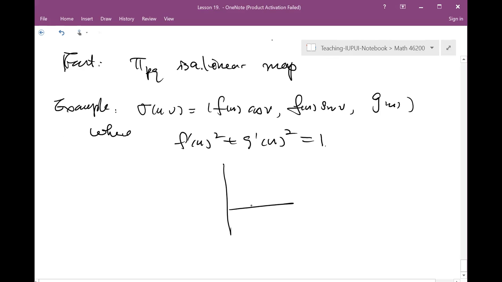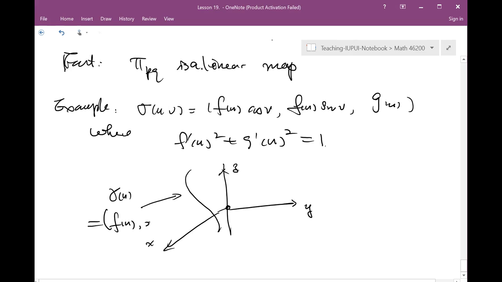So here's a picture. When v is 0, the y coordinate is 0, so it's in the xz plane. We have a curve here, and this curve is gamma, which is going to be (f(u), 0, g(u)).